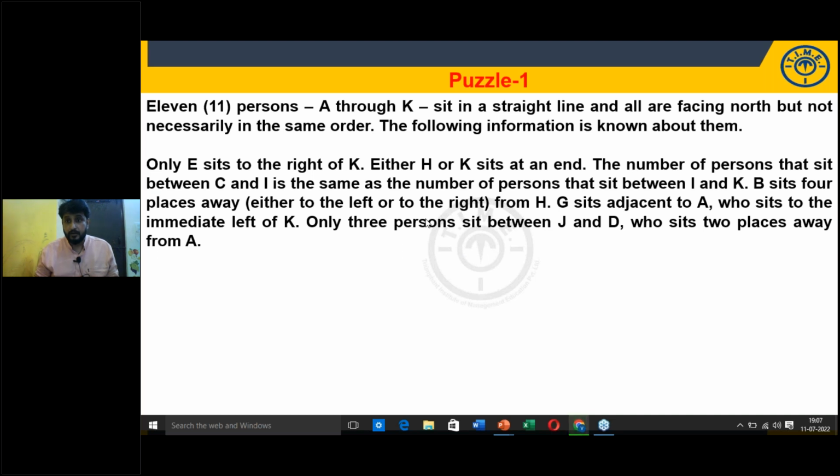Okay. Don't worry. My dear students, tell me one point. Should I solve or should I explain? Solving means I will show you how I am going to solve in the exam.